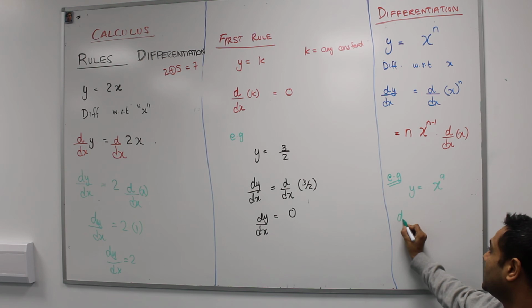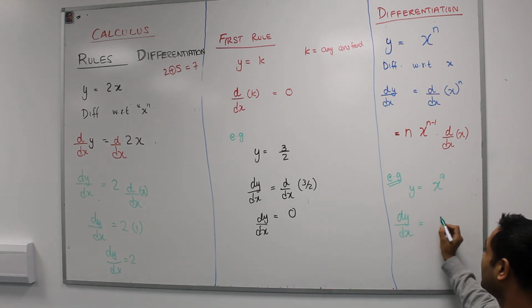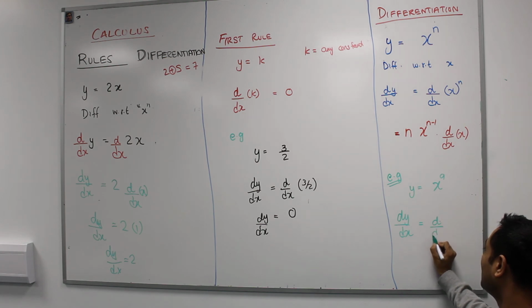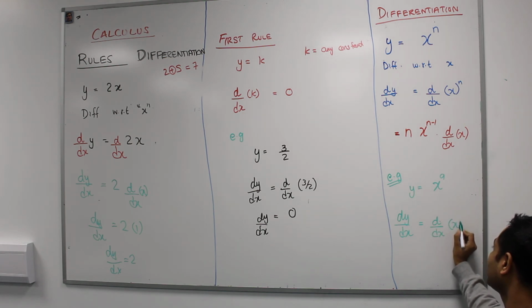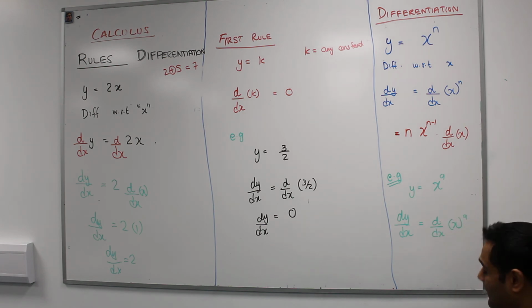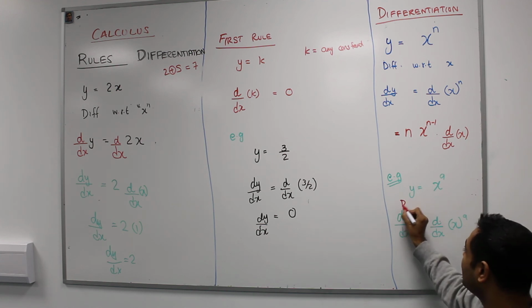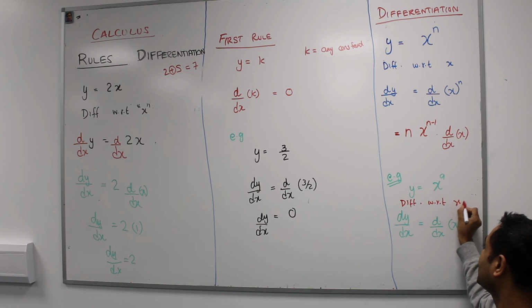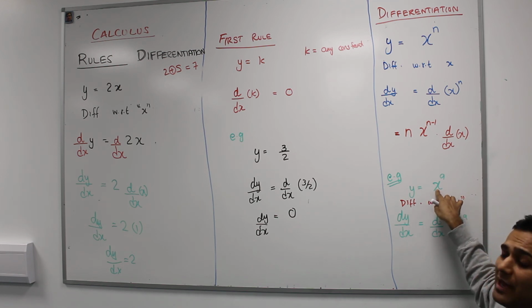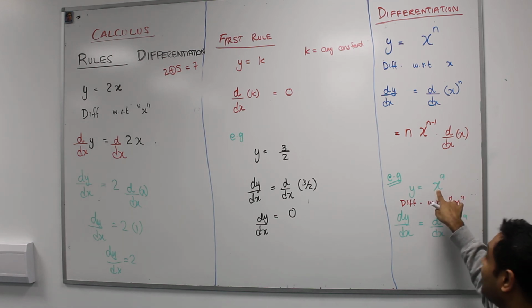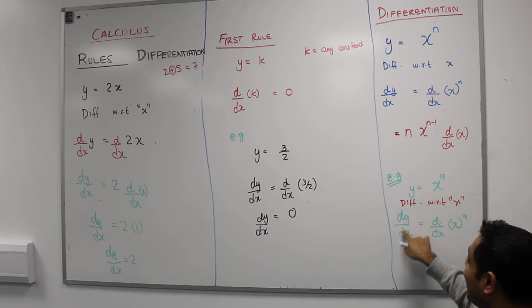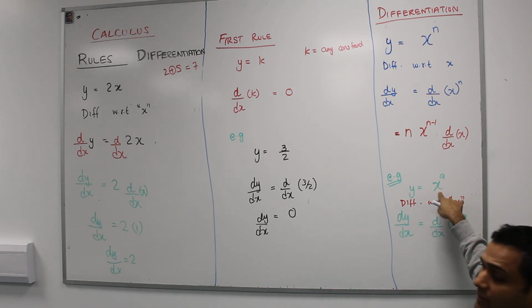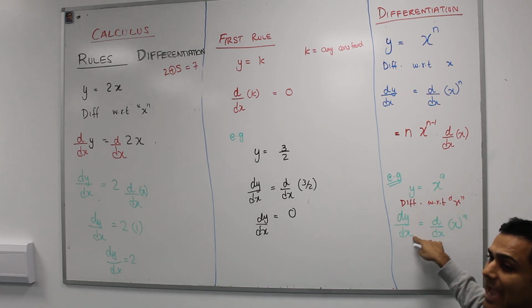So I'm going to do dy over dx equals d over dx of x to the power 9. Before I do, I write down differentiate with respect to x. What does it mean? It means the variable I'm differentiating is the x. If that was a t, I would put dy over dt. If that was m, I'd put dy over dm.